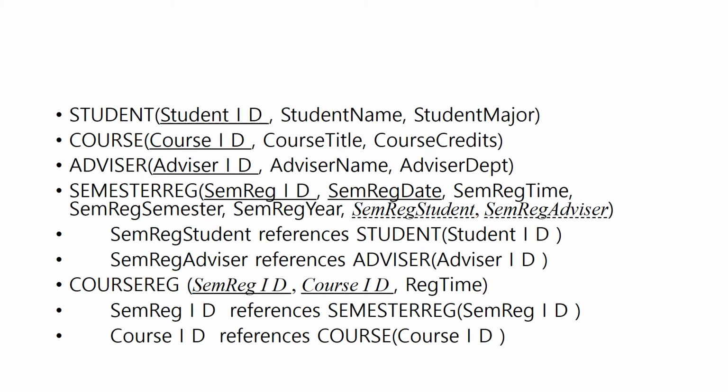So semester registration ID and semester registration date must be a composite primary key. Semester registration student and semester registration advisor are also foreign keys. Semester registration student references student ID, and semester registration advisor references advisor ID.